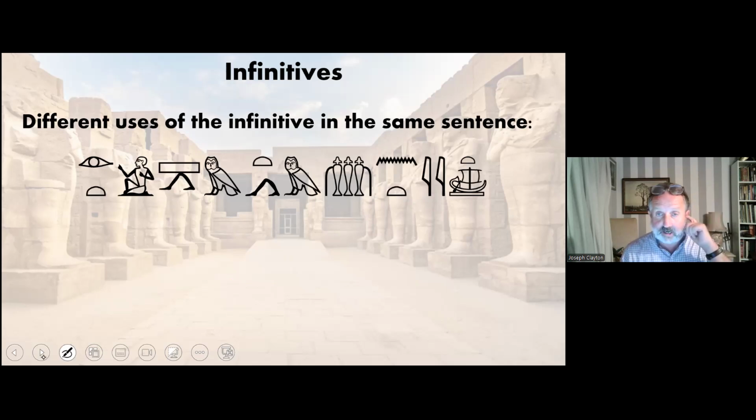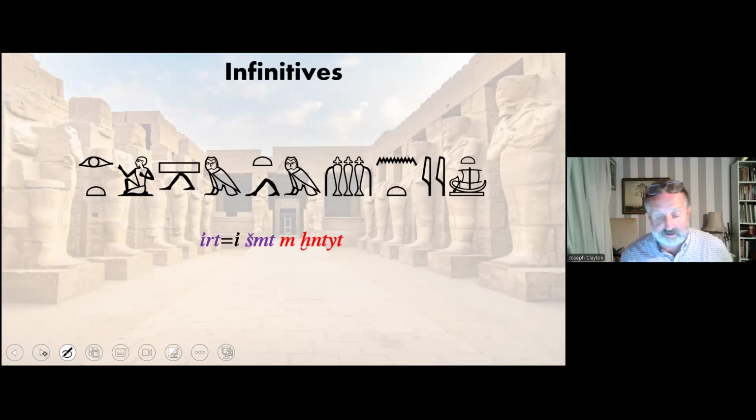This is a kind of chapter heading from Sinuhe, remember, the great hero of Egyptian literature. What we've got here, we split this up, is iret, again from iri, then we've got the person on the end. Then the verb is shemi, to go, and we've got a T on the end and a pair of legs. Then again we've got an M, always go for the preposition here.